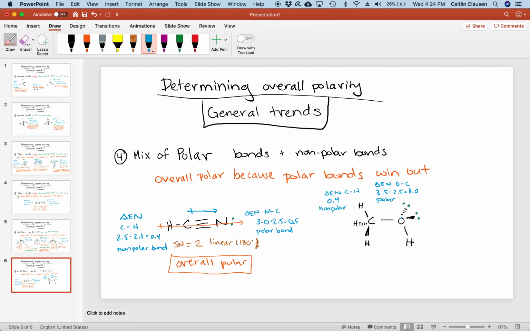And then lastly we have oxygen on this side. So the oxygen's attached to the hydrogen. We have 3 different bond types in this molecule. 3.5 minus 2.1. That will give me 1.4, and that is polar. So here we're talking about bond types. So now I need the steric number for the carbon and for the oxygen.